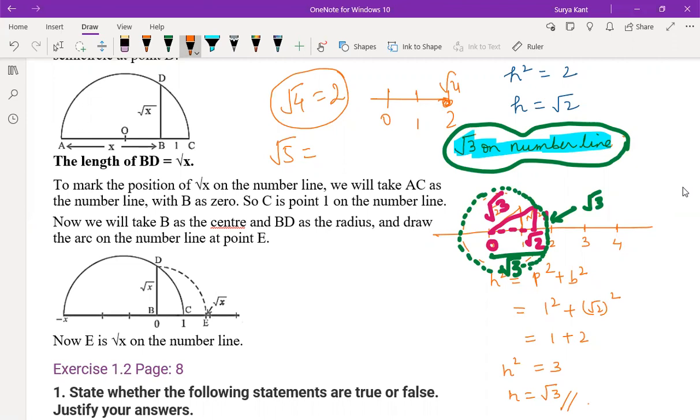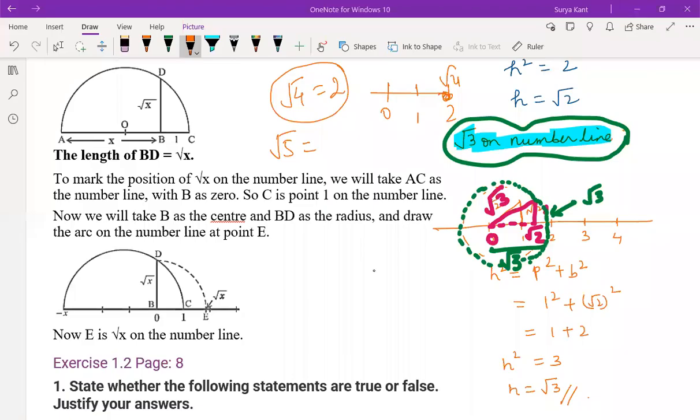Yeah, all of you can try this. How to represent root 5 on a number line? See, root 5 you should do the same way. 0, 1, 2. This is 2, right?